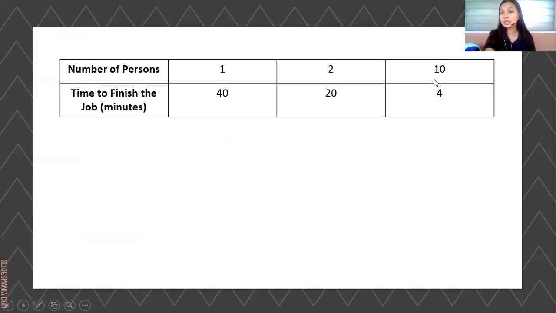And syempre, kung mas marami kayo, 'di ba nga sabi nila the more the better po. So, 10 persons kayo, syempre, mas less yung minutes na itatagal ninyo. So, 4 minutes nyo na lang magagawa yung job. Kasi nga, mas marami na kayong magtutulungan.